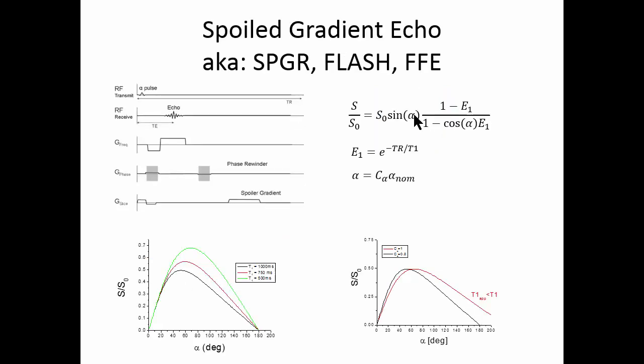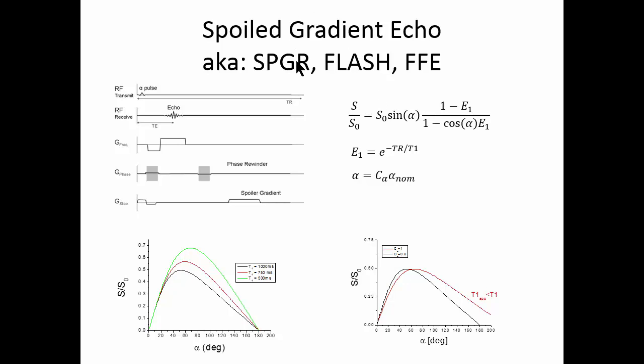Axel Hase and many others came up with a slightly better scheme, which is called spoiled gradient echo, and depending on the vendor, that's called SPGR, FLASH or FFE. That simply is tipping the magnetization a little, just by a small degree, having a small TR, and this is probably the equation that all of you might know as well, which also defines the Ernst angle.